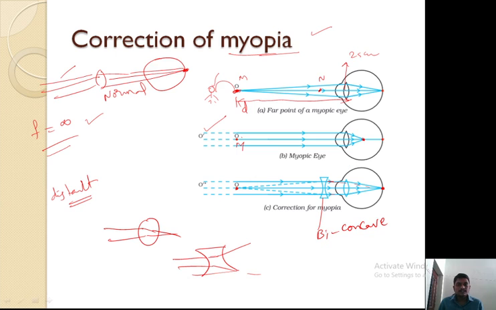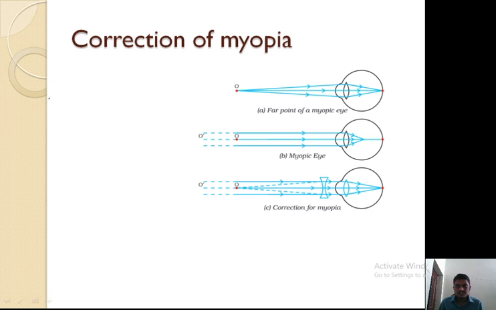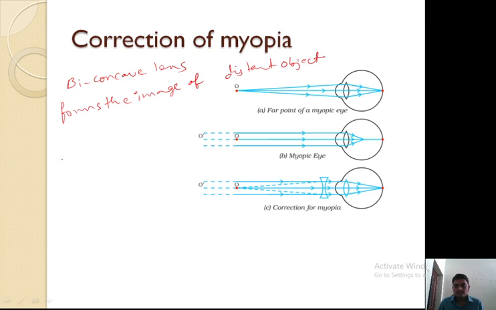So what this concave lens is doing is, this biconcave lens forms the image of the distant object at the far point, or below the far point.